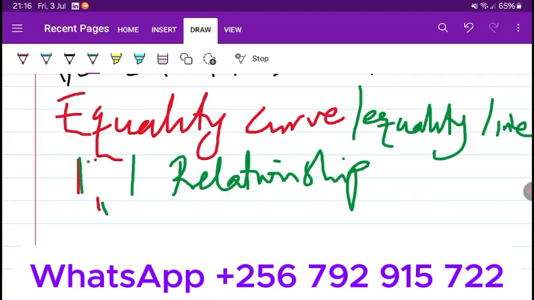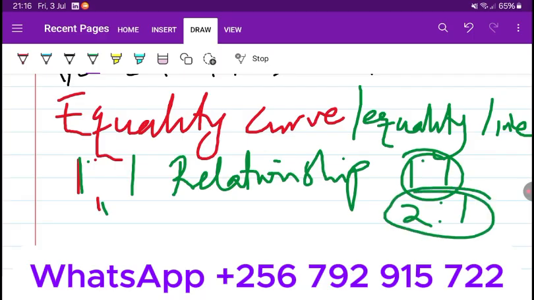In other words, if it is a one-to-one, it means that it is even. But if it is maybe a 2-to-1, then it is not even.